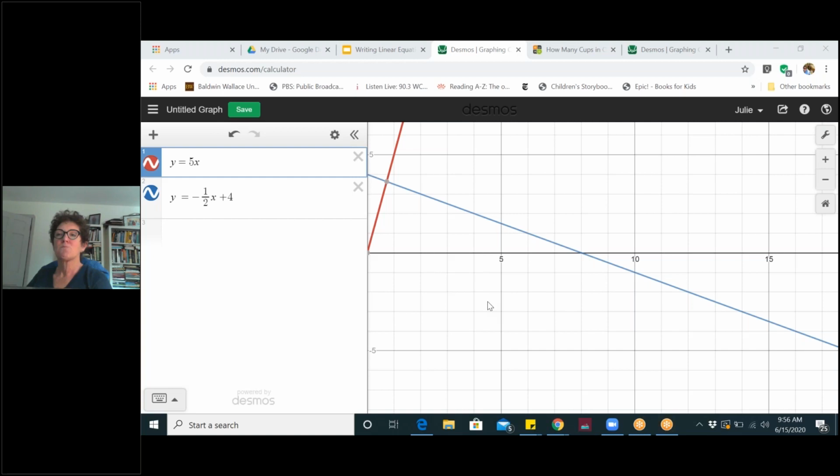I want to say, hold on, wait, let me make it a little bigger. The negative half x plus 4. Okay, so here's the, let me get back to, what do I want to get back to?